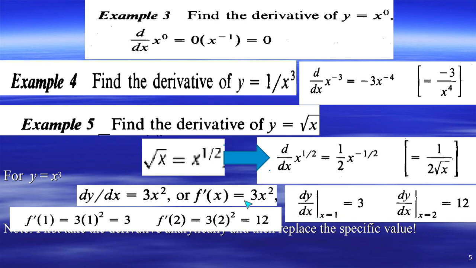So we first take the derivative theoretically, and then we replace the particular points. dy over dx when x is equal to 1 is equal to 3. dy over dx when x is equal to 2 is equal to 12. You see? Always make whatever you make theoretically, in general, and then replace the particular values, not the inverse. All right.